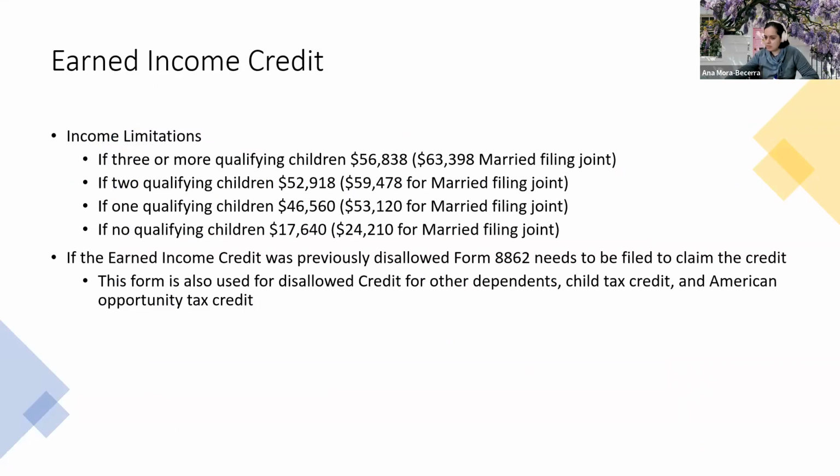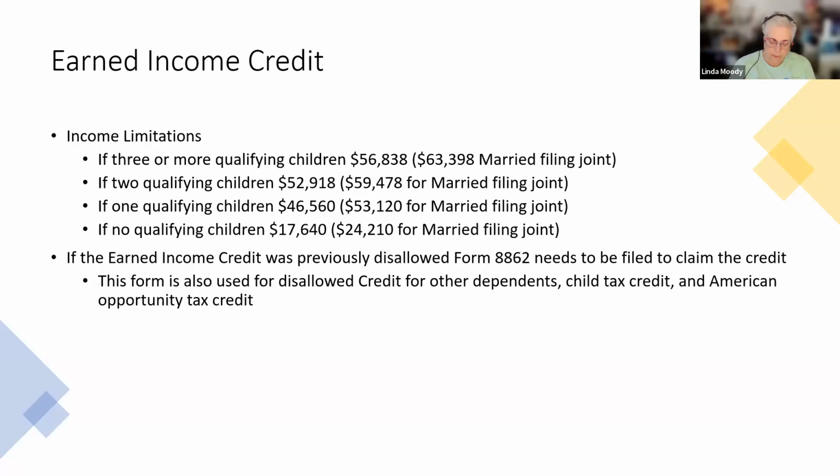Is there any questions, anything that I missed? Anna, we talked about this on Monday, that this is one, if not the only credit that is dependent on where the child is living for more than half the year.